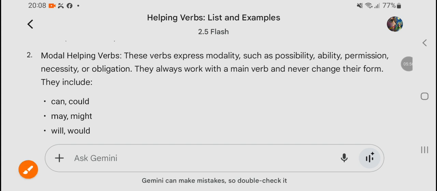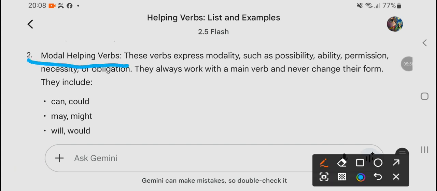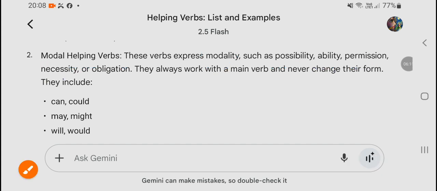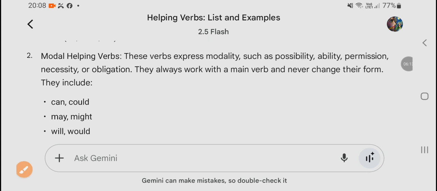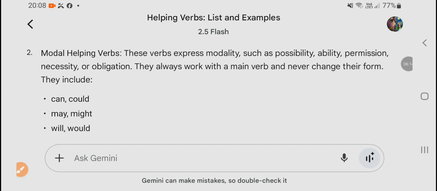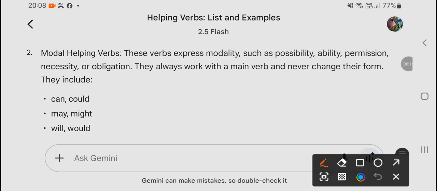Now secondary helping verbs, modal helping verbs. These verbs express modality such as possibility, ability, permission, necessity, obligation, right? These are the modal words and are used for possibility. Possibility: he may come.